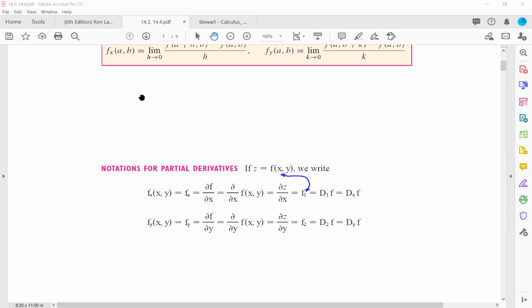You know that this derivative is just an operator, which is the same as taking the derivative of function z with respect to the second variable y, this 2 representing the second variable, d sub 2 of f, and finally d sub y of f, taking the derivative of f with respect to y. All of these are partial derivatives because you have 2 free variables.